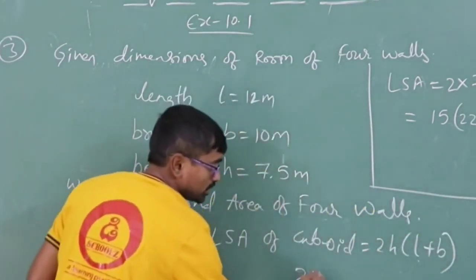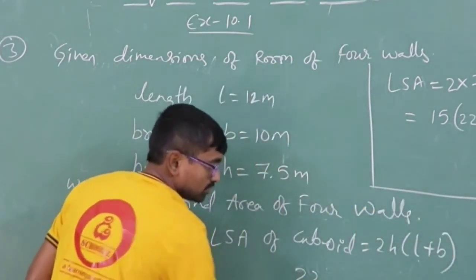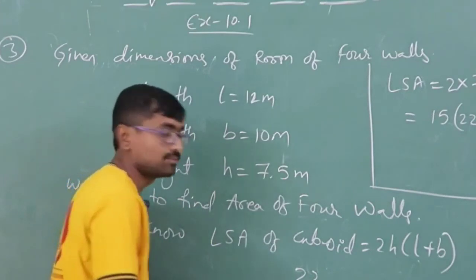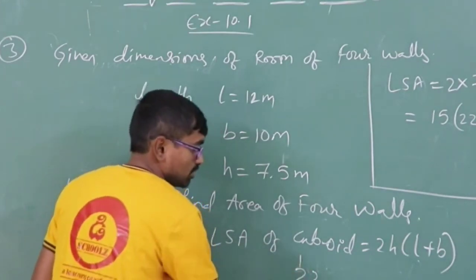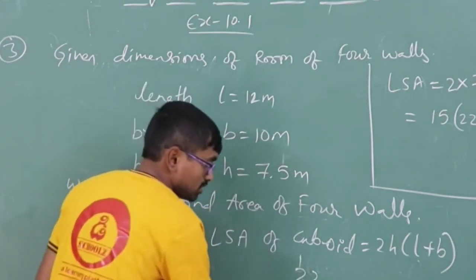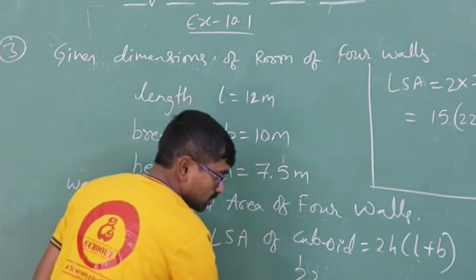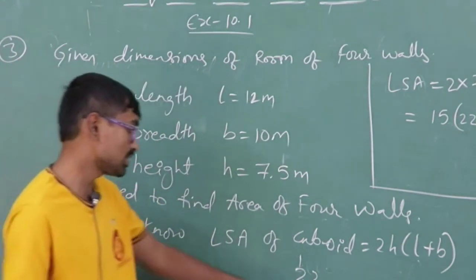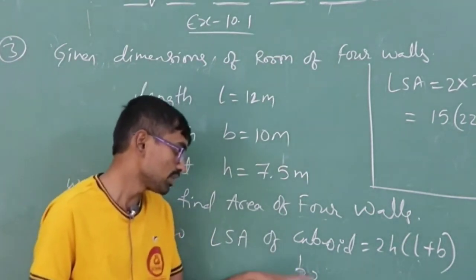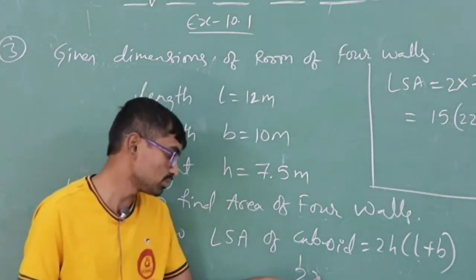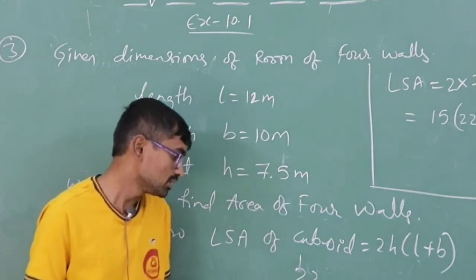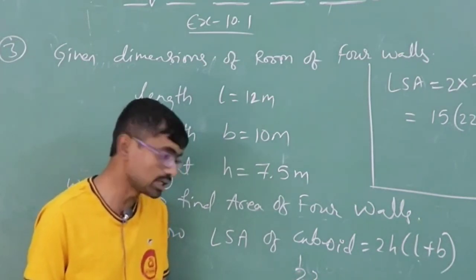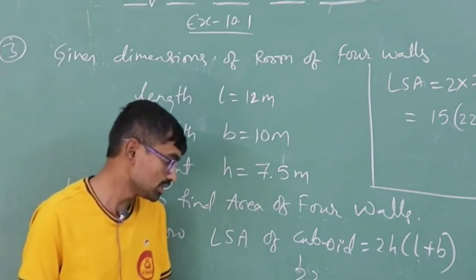So multiplying 22 into 15: 5 2s are 10, 5 2s are 10 plus 1, 11, 1 2s are 2, 0, 3, 3.